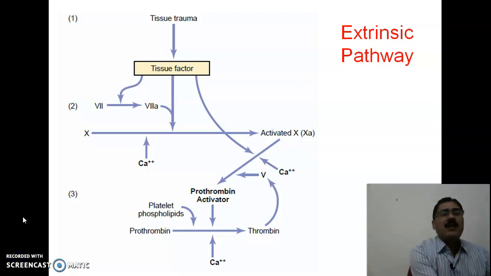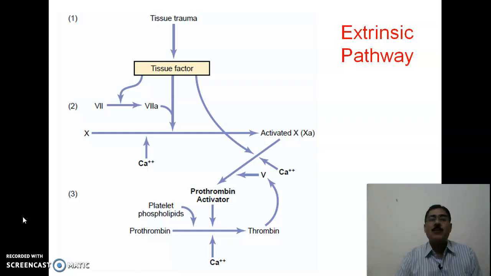So after the activation of factor number 10, that is the Stewart-Prower factor, this Stewart-Prower factor in presence of calcium ion and factor number 5, that is the proaccelerin or the labile factor, forms a complex known as prothrombin activator.